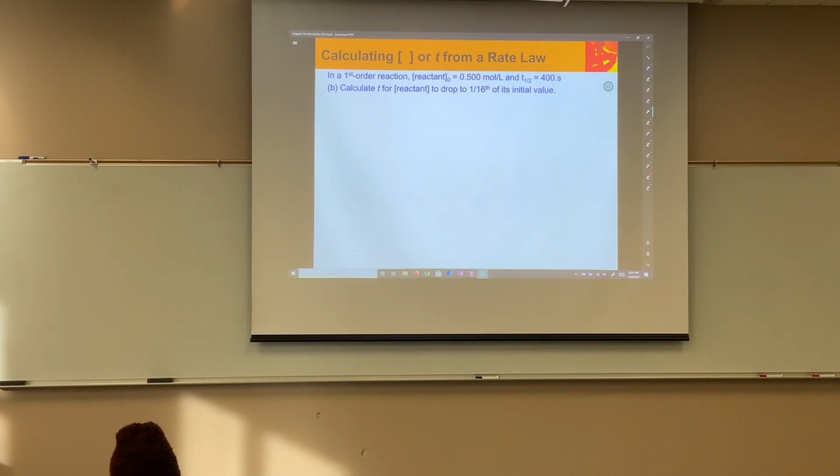The A0 is our initial, wherever we're starting to look at it. And then this is our concentration after that amount of time passes, and we say 1/16 of our initial concentration. So it's just 0.5 divided by 16.